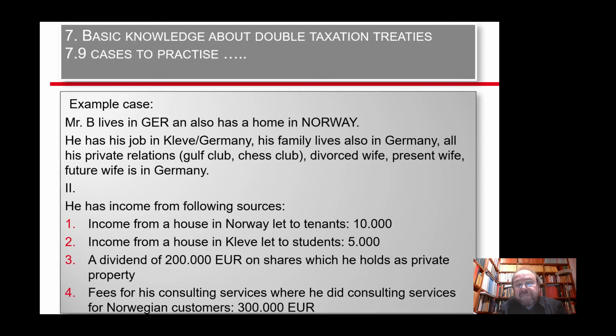Let's say they come from Norway. And fees for his consulting services, where he did consulting services for Norwegian customers, 300,000 euro. So that's what we have to deal with, and let's have a look.